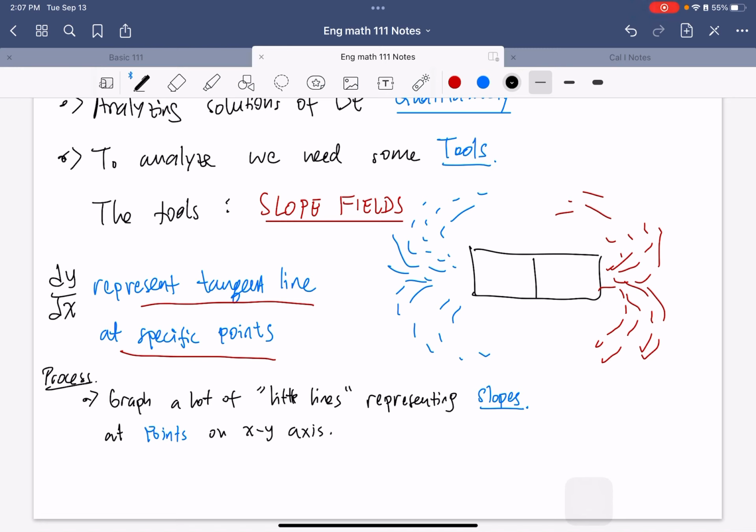And then after we graph all the possibilities of the slope, we are given the initial conditions. Like previous sections, we always talk about initial conditions. After we are given this initial condition, we can predict how the curve will be.